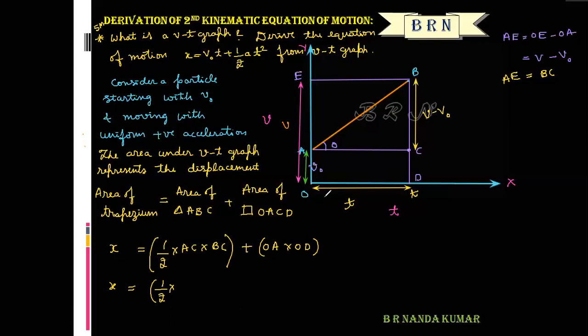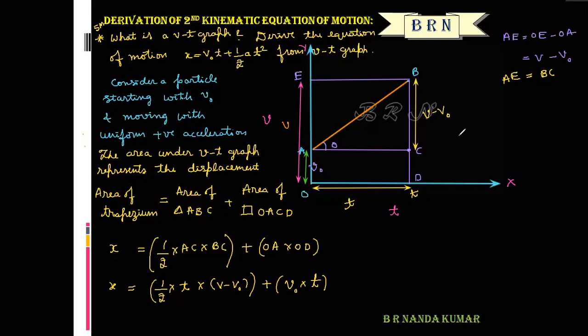AC is equal to OD. OD is the change in time, t minus 0, that is t. AC value t into BC. What is the value of BC? That is V minus V naught. Plus OA, OA is V naught into OD. OD is T.